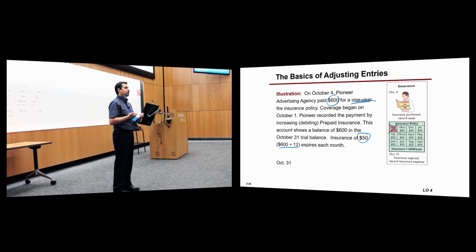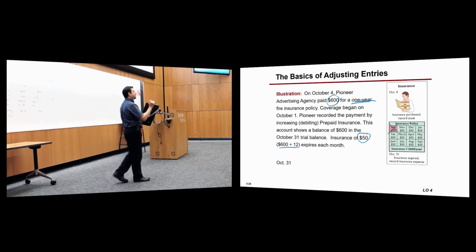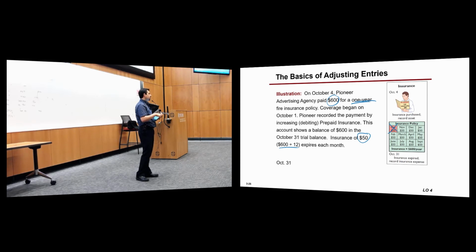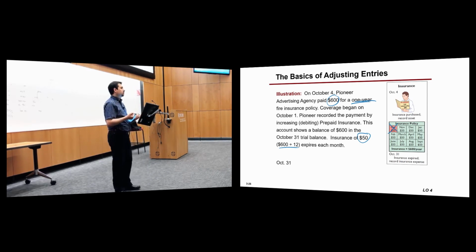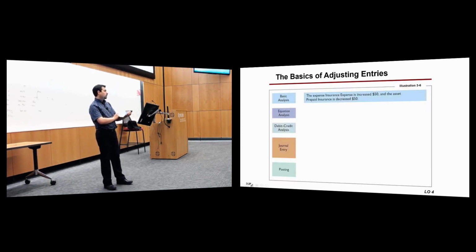And in this case, we have the asset, prepaid insurance, has decreased, right? And we have a new expense, insurance expense, which has increased by $50. So we debit the expense and credit the asset. Any questions?